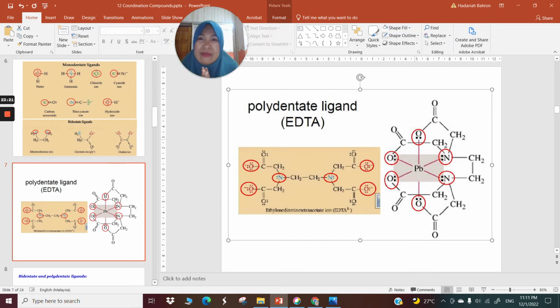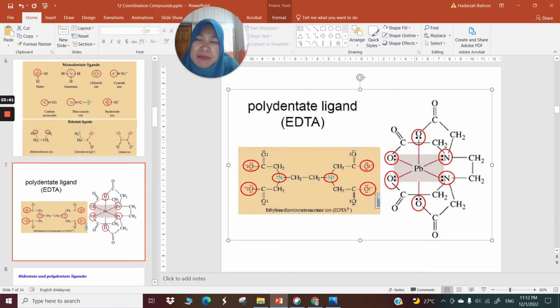And this is very, very important in our life because EDTA can be used as a heavy metal scavenger. Scavenger means something that can remove, encapsulate that very, very dangerous heavy metal in our body.